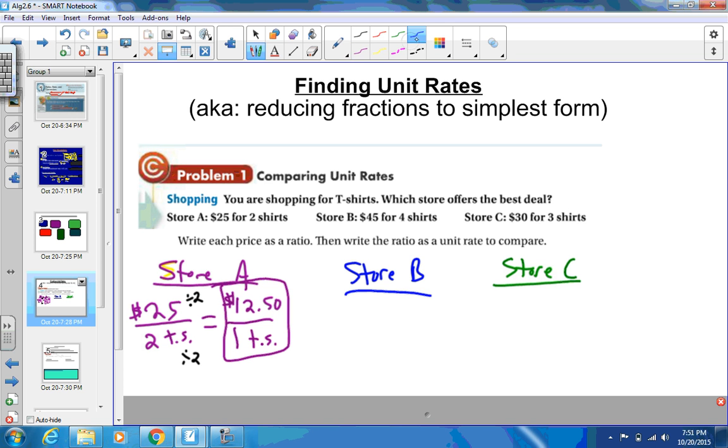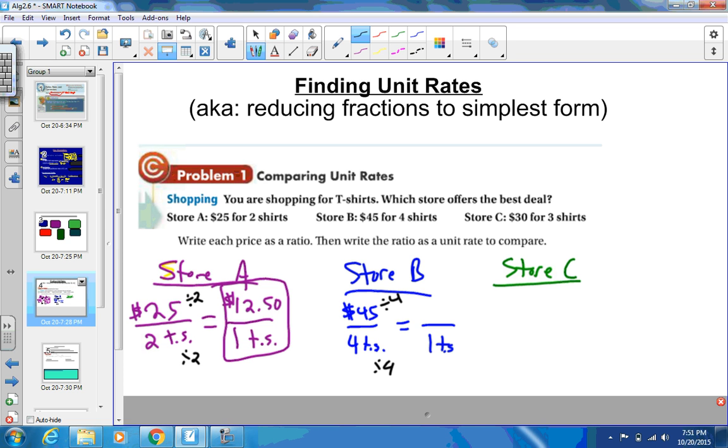Now store B gives you a deal for $45 for 4 t-shirts. And we want to figure out for 1 t-shirt how much it costs. So what we're going to have to do there is divide both the top and the bottom by 4, because 4 divided by 4 gets you to 1 t-shirt.